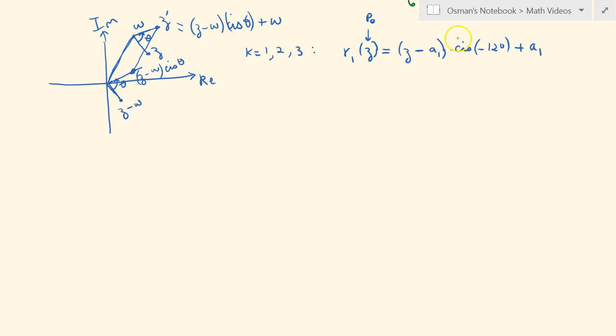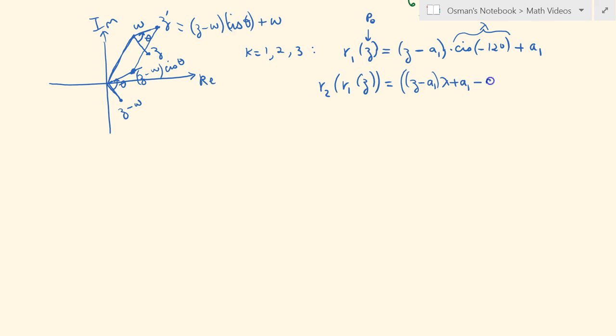Just to make our life easy, let's call it lambda. In the second step I do the same thing when I rotate around point A2, which will be R2, and so on. If I apply R2 to R sub 1 of z, I keep z minus a sub 1 times lambda plus a1.